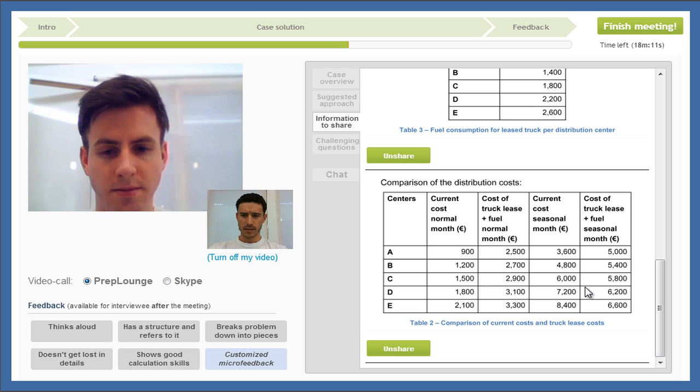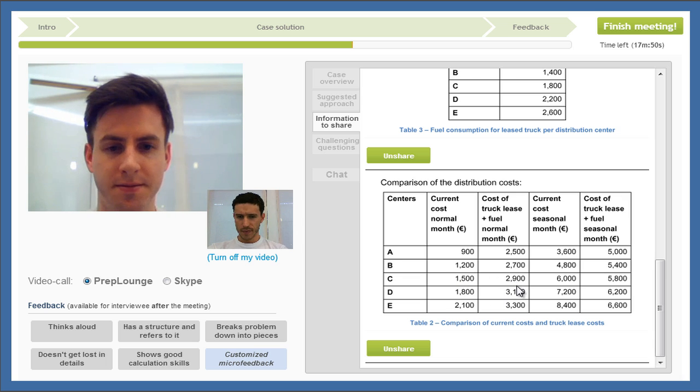Okay, that's only for the seasonal months or for all months? Well, that is of course for the seasonal months only, because for the normal months, it is not cheaper to use chartering. Okay, interesting.